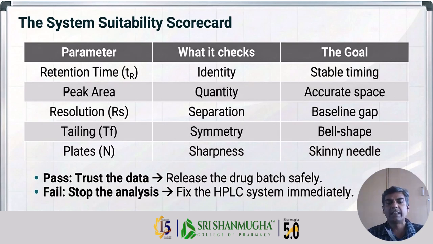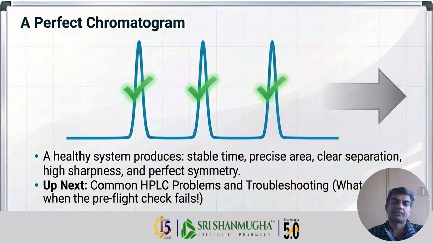Okay. So if all these parameters meet the required criteria, we can trust the data and proceed with the analysis. But if even one parameter fails, we must stop and fix the system before continuing. This is very important in pharmaceutical analysis. Now let's see what a perfect chromatogram looks like when everything is correct.